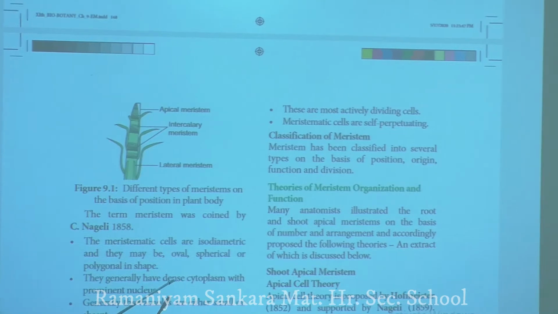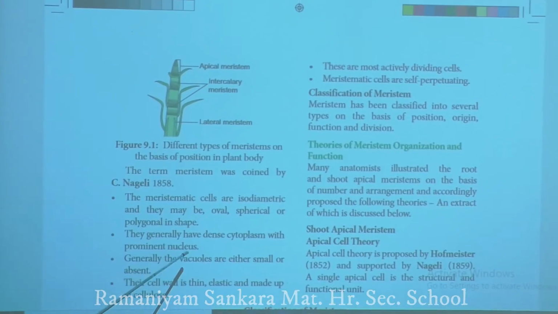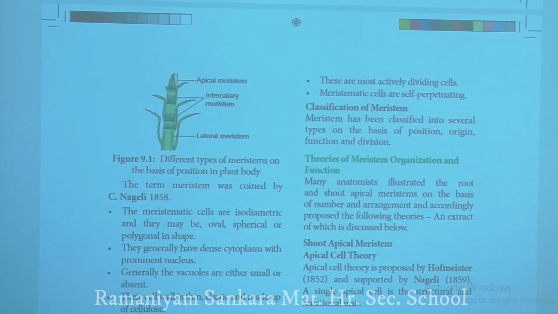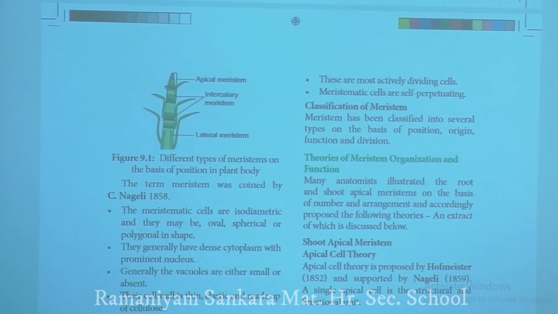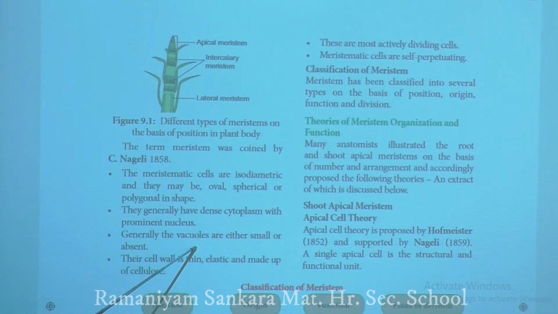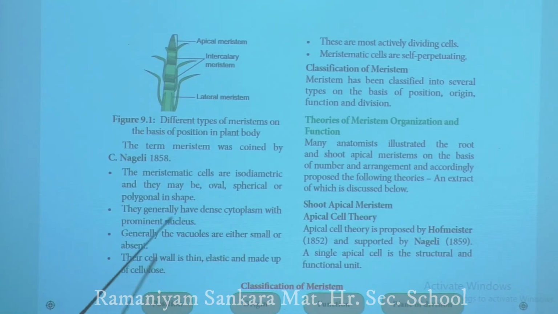They generally have dense cytoplasm with a prominent nucleus. Generally the vacuoles are either small or absent.